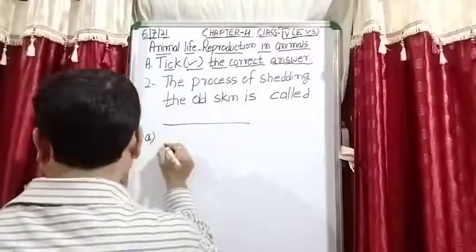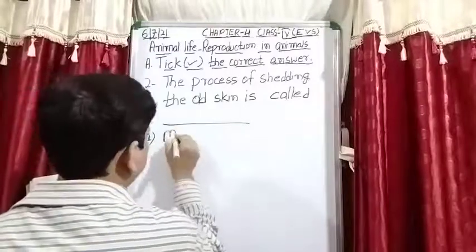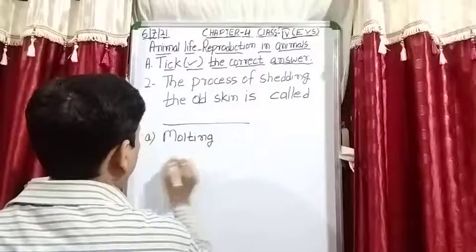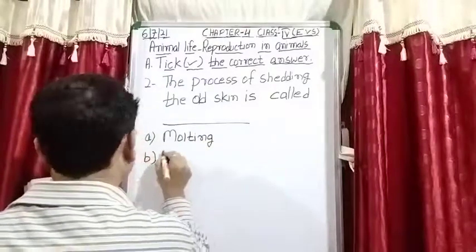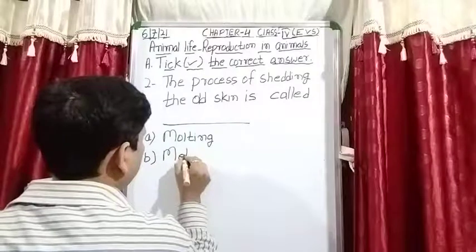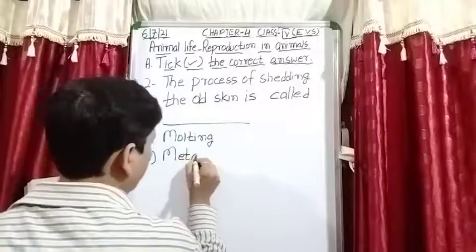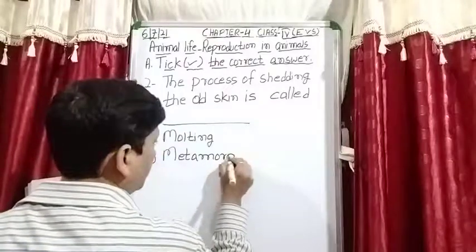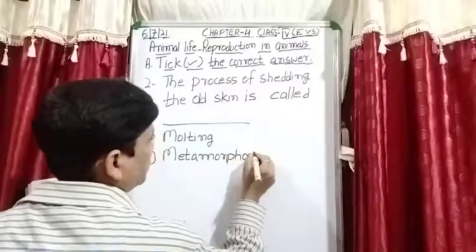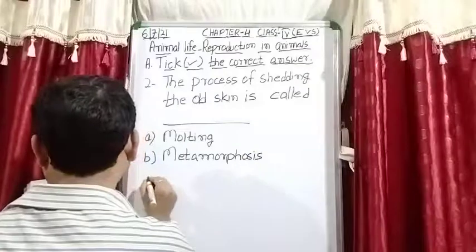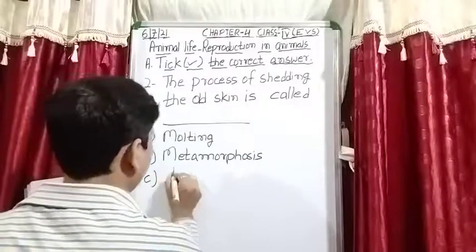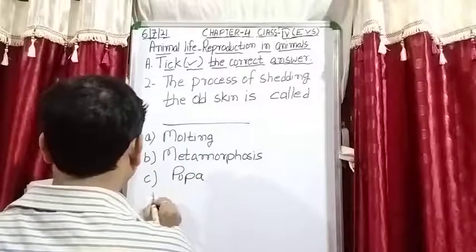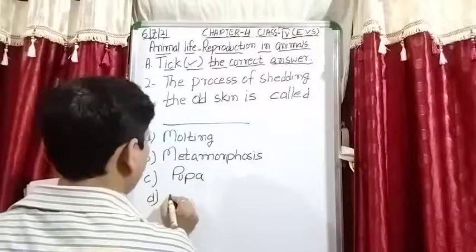Option A, molting. B, metamorphosis. C, pupa. And D is the larva.